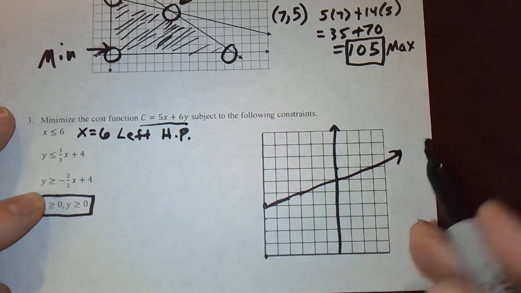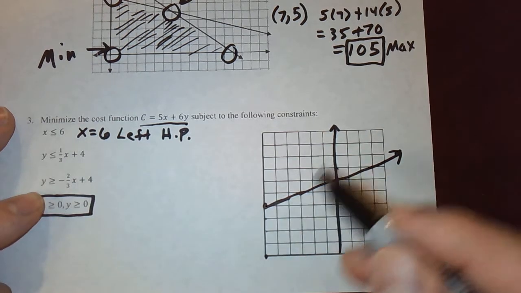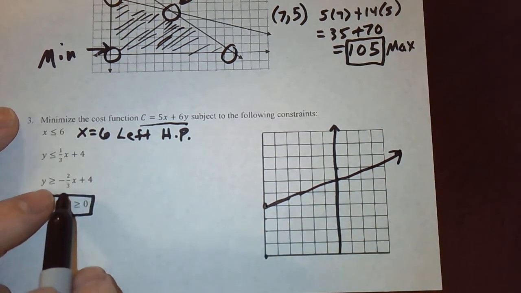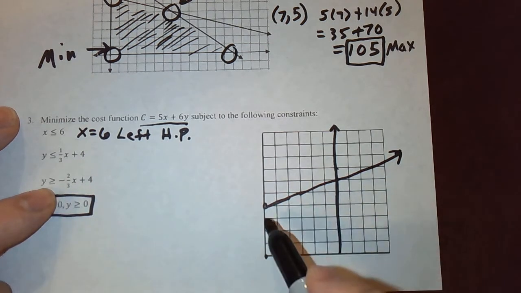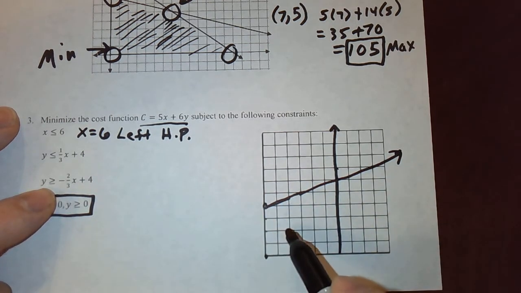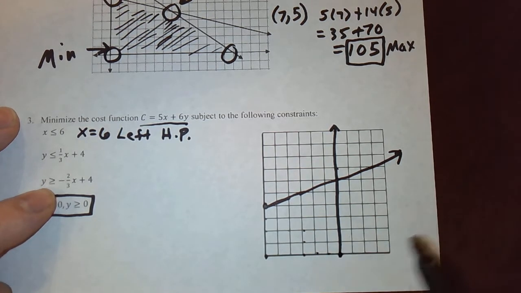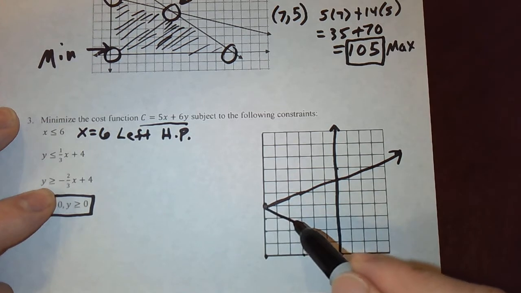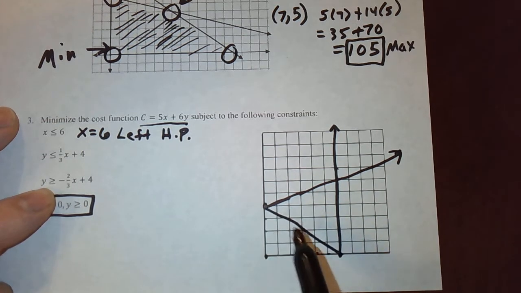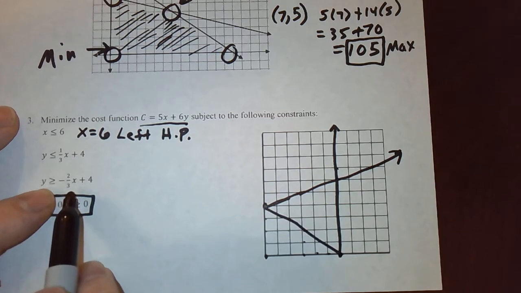So it has the same y-intercept as the other line, and the slope is negative 2/3. Go down 2 to the right 3. Down 2, 1, 2, 3. Down 2, 1, 2, 3. So it looks like, not very straight, but that's the line associated with this inequality.